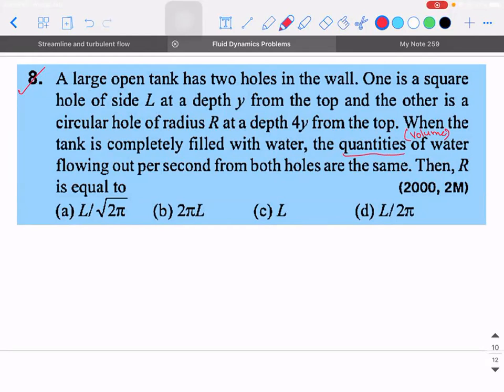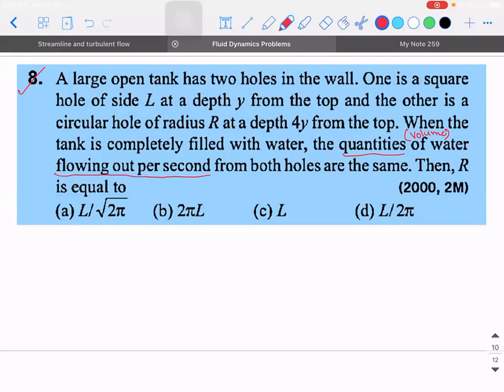How to proceed? So what is the keyword here, guys?